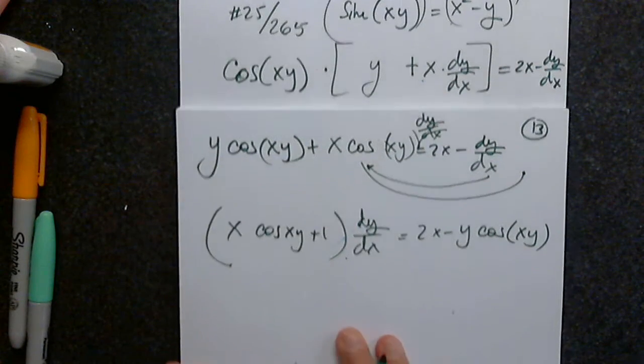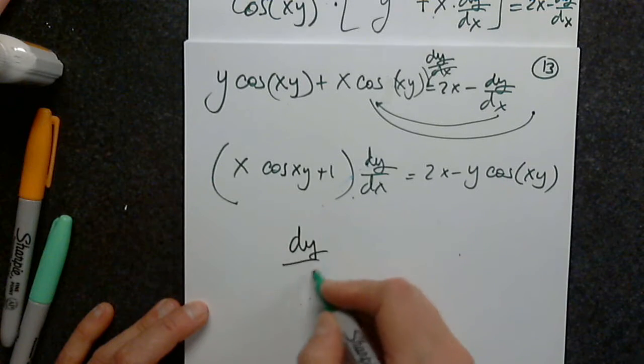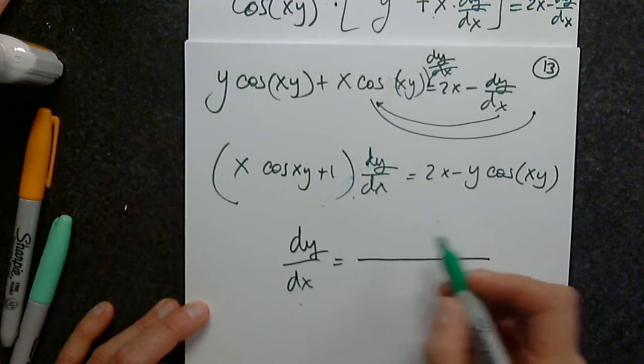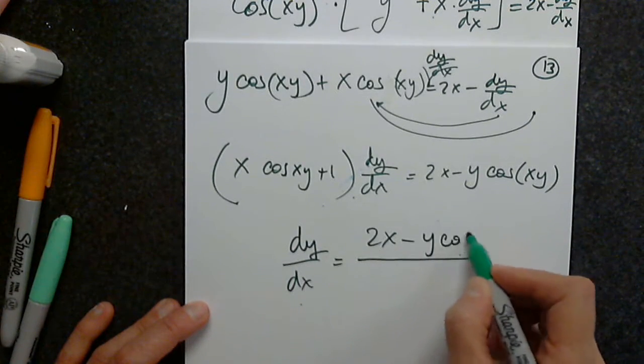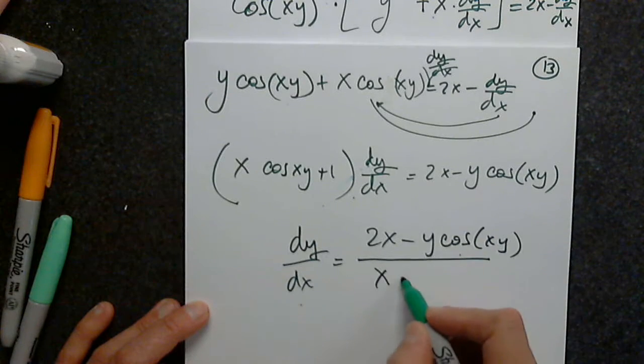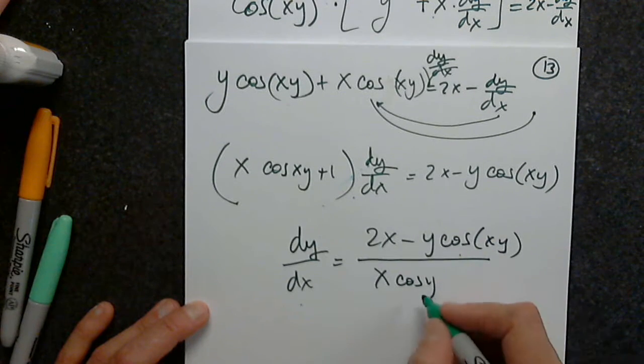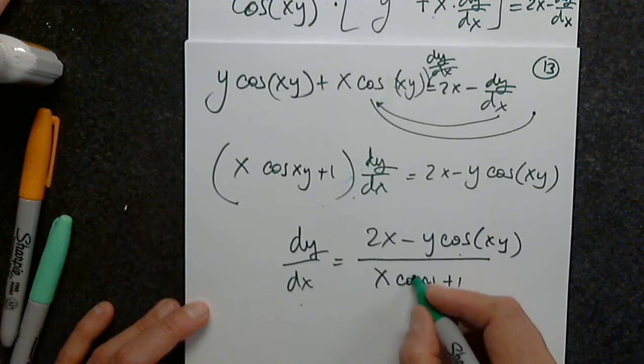Very good. Now I doubt myself on every step once I make one error. So dy over dx equals 2x minus y cosine xy over x cosine xy plus 1.